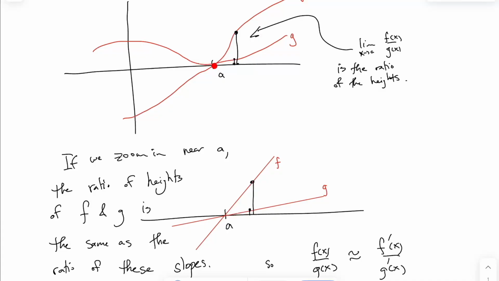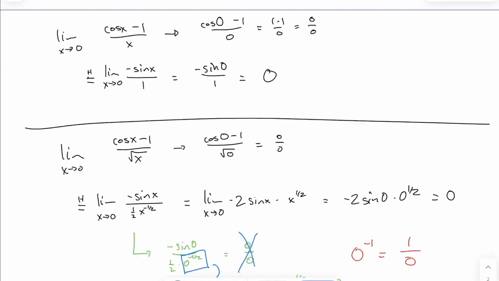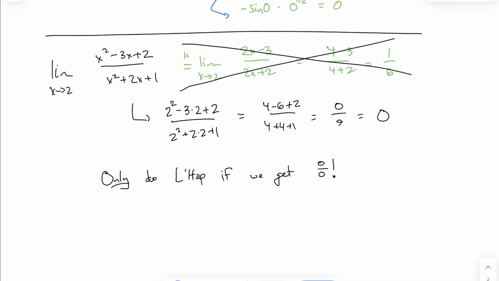If one of these things really isn't 0, that would mean one of these lines is not actually going through this point, but it's up here somewhere, then when you zoom in, everything is totally different. And none of this argument about the ratios is accurate anymore. And so you're not going to get the right answer. It only works when you get 0 over 0 from the beginning.